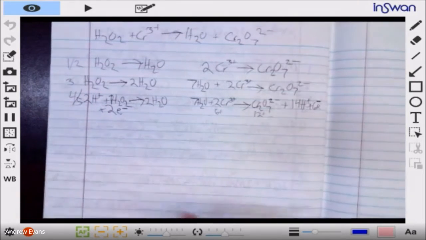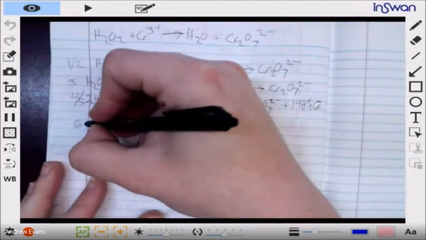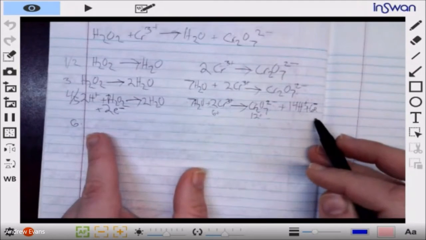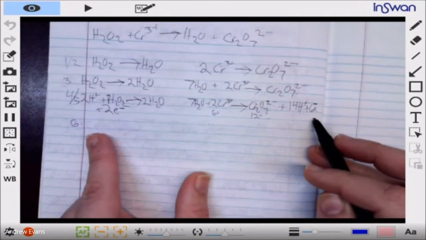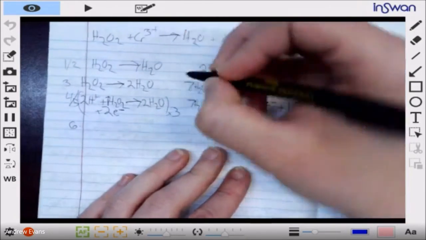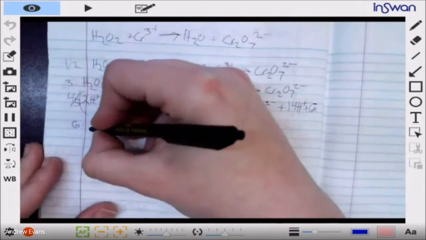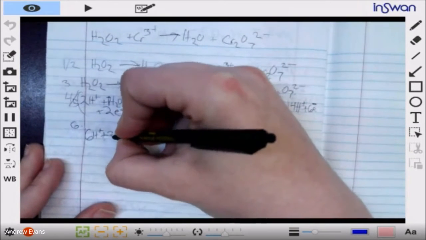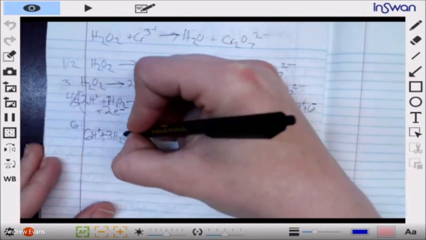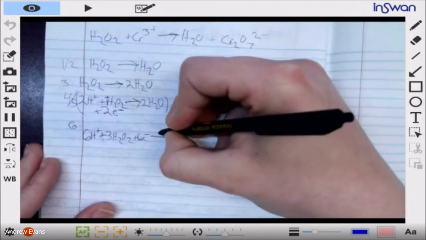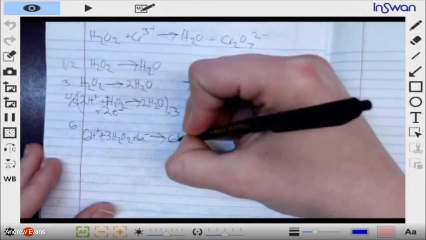Now, how do I add these together? Well, the greatest common factor between 6 and 2 is 6. So what do I got to do? I have to multiply this whole side by 3. What am I going to get? I'm going to get 6 H pluses, 3 peroxides, 6 electrons goes to 6 waters.